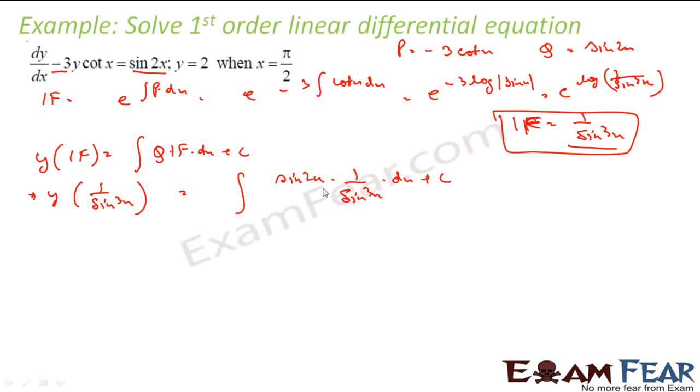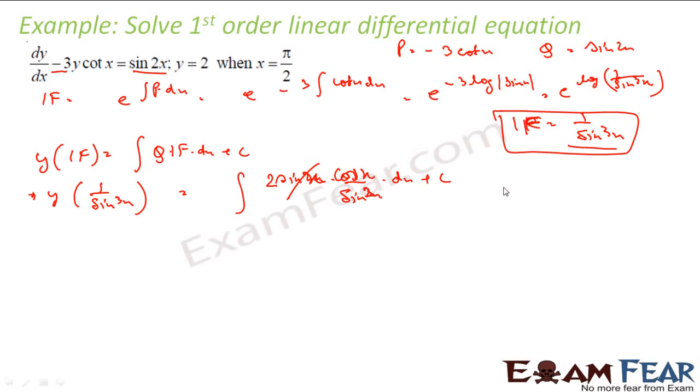Correct? Sine 2x I can write as 2 sine x cos x. So let me write that: 2 sine x times cos x. One sine is cancelled, this becomes sine square x. So this becomes cos x over sine square x, that is cot x into cosec x.